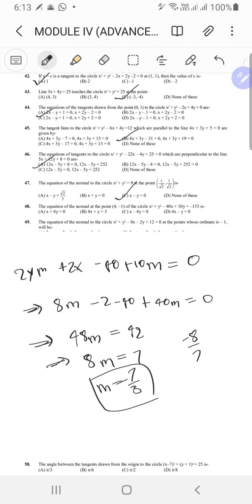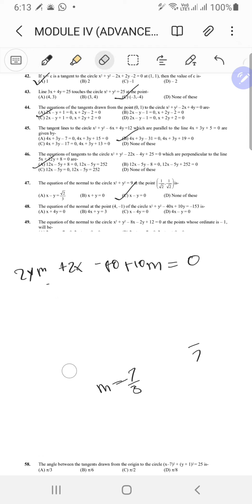Oh, come on, really. Okay, 4 comma minus 1. So when you put 4, it doesn't work that way. I knew this was obviously incorrect because I am incorrect most of the time. Minus 2m plus, when you put 4 over there, you just get 8 minus 40 minus 10m, because 4 comma minus 1, not 1 comma minus 4, like whatever I did before.